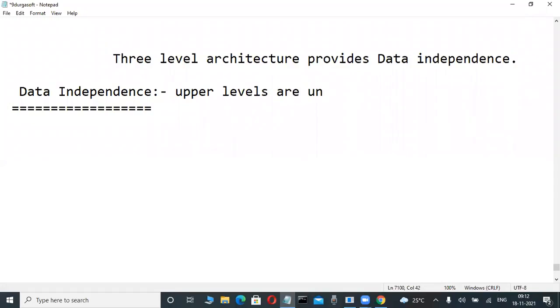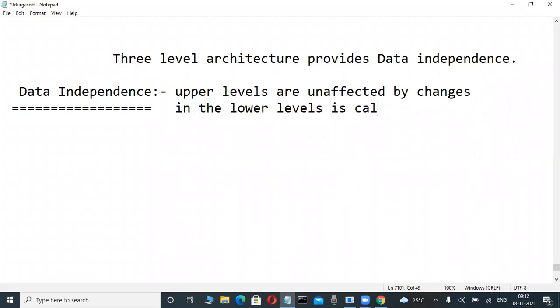Upper levels are unaffected by changes in the lower levels is called data independence.